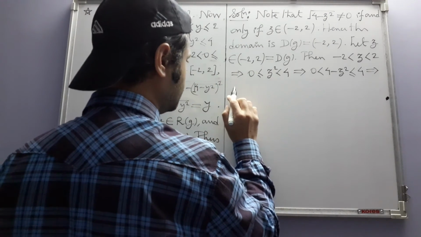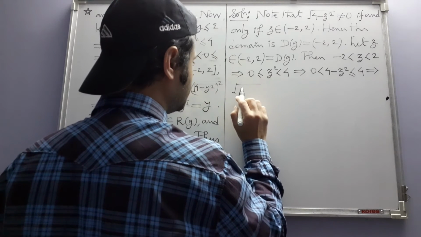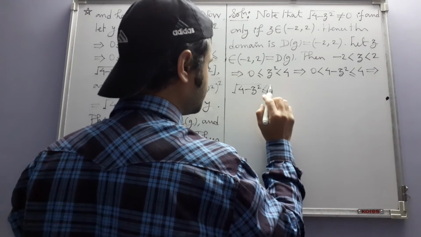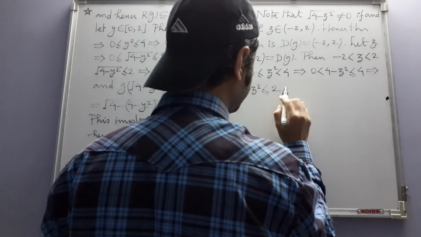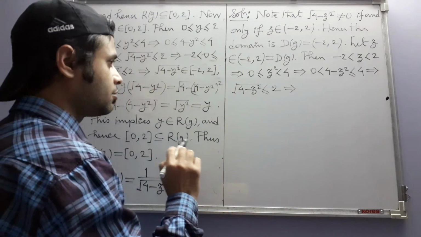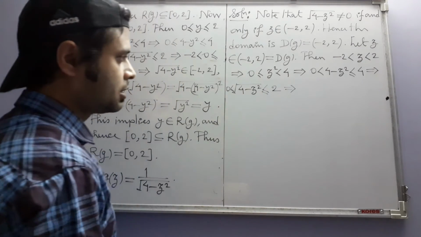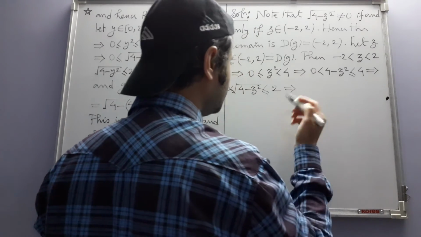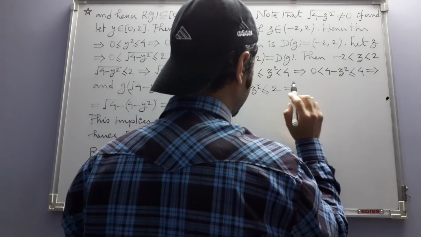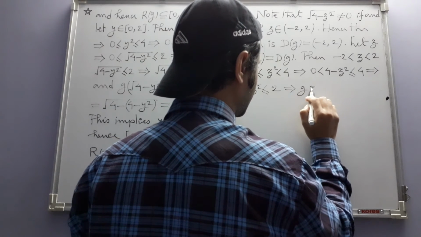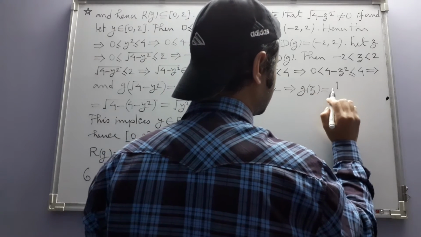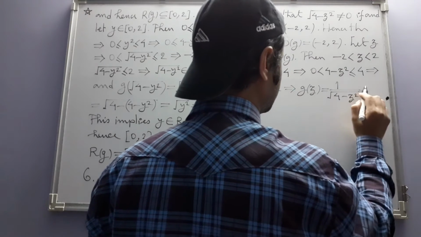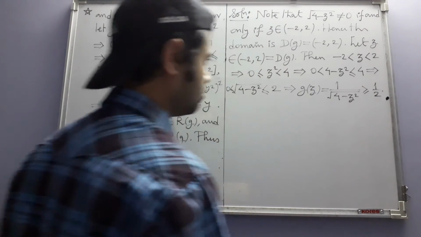Now we can take square root. Taking positive square root, we get this, and it continues to be true that this square root itself is also positive and it is not equal to 0, and so we can take reciprocal on both sides and finally get this, which we were seeking. 1 over square root of 4 minus z square will be greater than or equal to 1 over 2.